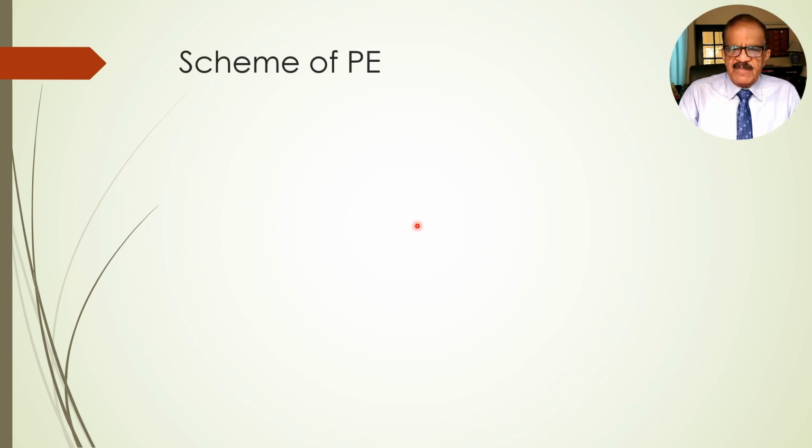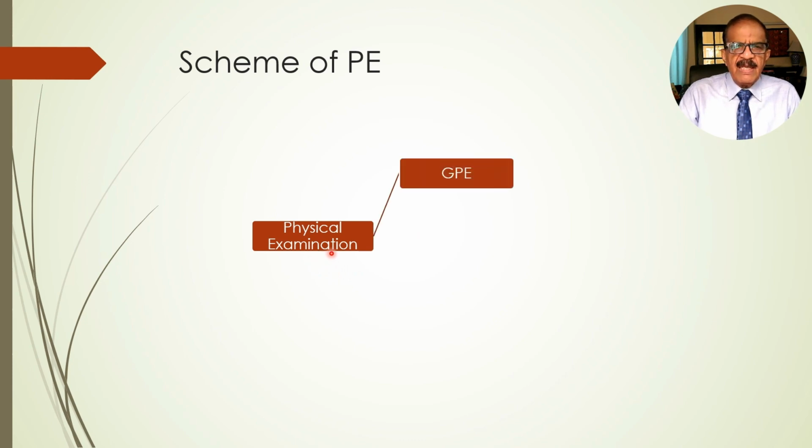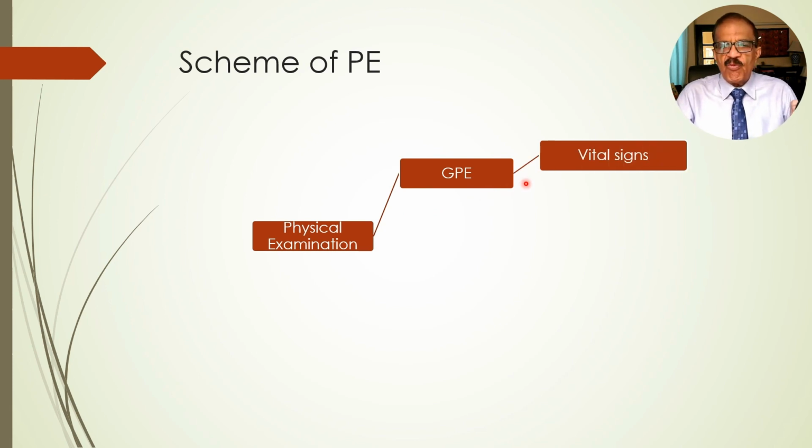So what is the scheme of physical examination? First, physical examination, and in that, general physical examination, and in that you take vital signs. Now, what are the vital signs? Traditionally, we take pulse, measure blood pressure, measure temperature, and count respiratory rate.